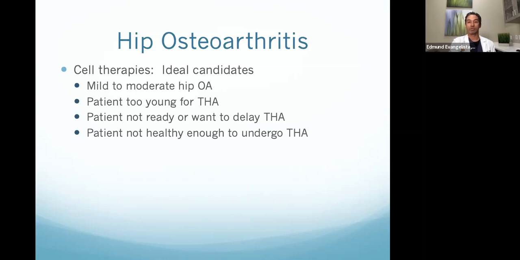So we can try to preserve that joint with some of these cell therapies until they're older. Someone who may not be ready to replace that hip because of timing issues and family issues and work, they don't want to do the hip replacement yet. And then someone who may be too old or unhealthy and may not be healthy enough to undergo a hip replacement could be a good candidate for these cell therapies.